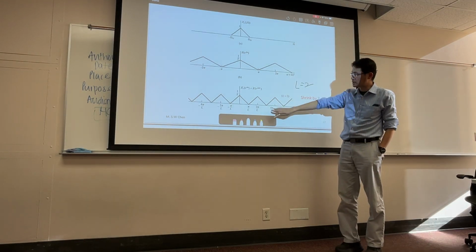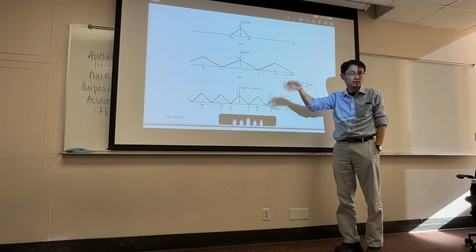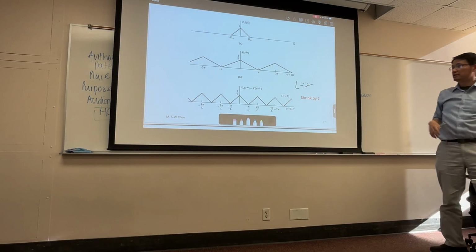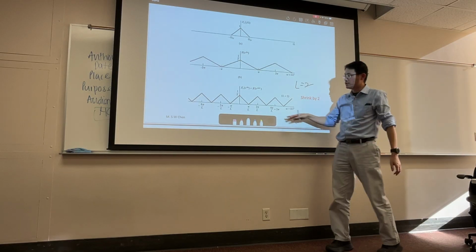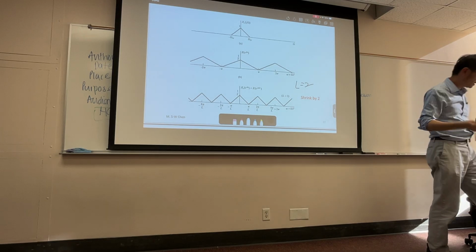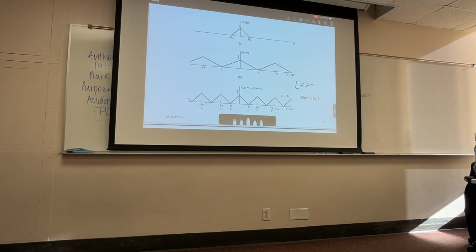Yes, the whole spectrum still repeats every 2 pi, as we said, your discrete time signal should always be true. However, because you compress here, you do have something that shows up at 2 pi divided by L. L equals 2 means that something happens at pi in this case.